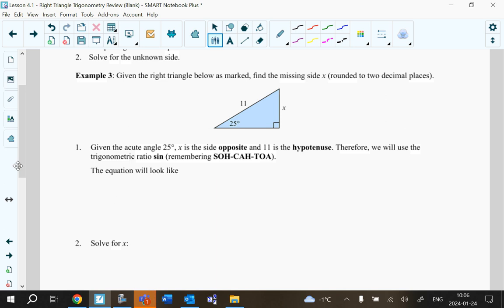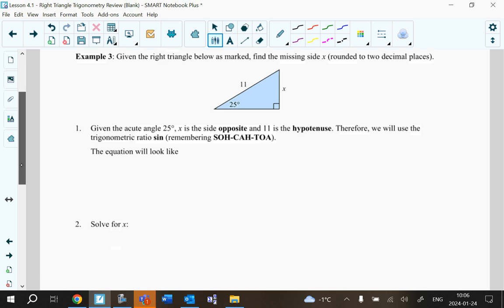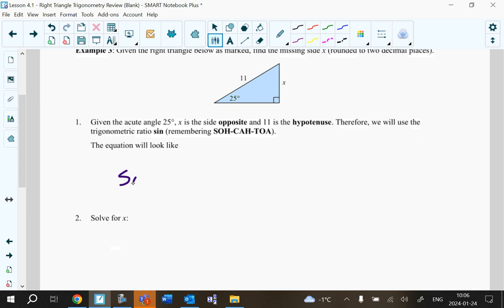So the sine of the angle, which I'm given, 25 degrees, equals the opposite side, which is over the hypotenuse. So that's a trig equation or an algebraic equation. It's also a fraction equation.